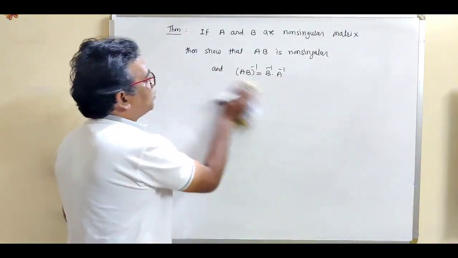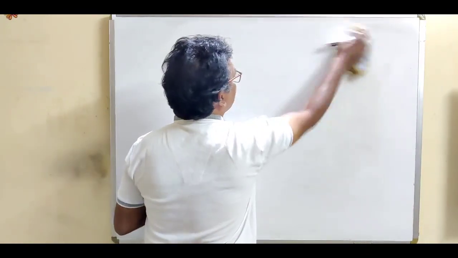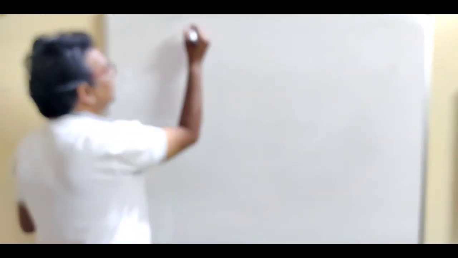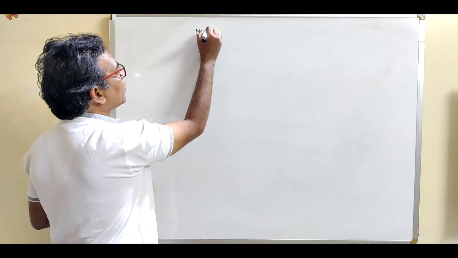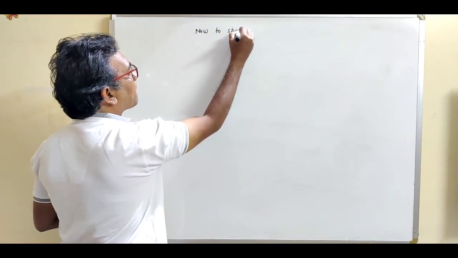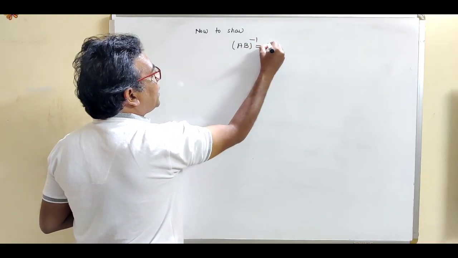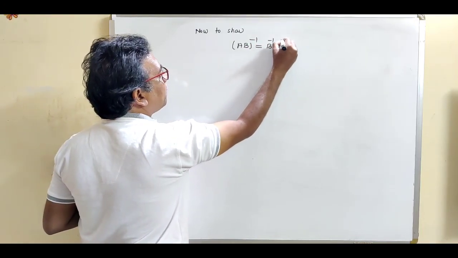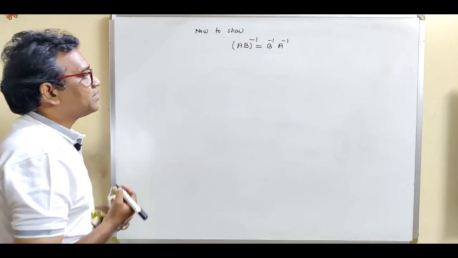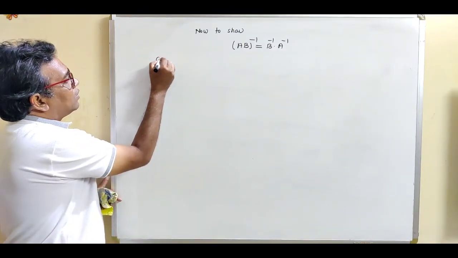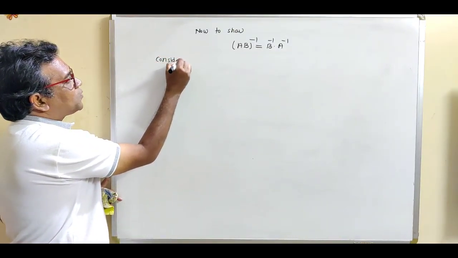AB inverse equal to B inverse into A inverse. So right here, now to show AB inverse is equal to B inverse into A inverse, let us consider this product.